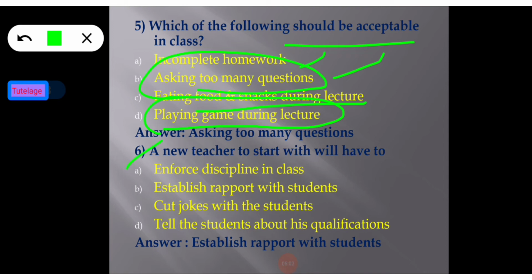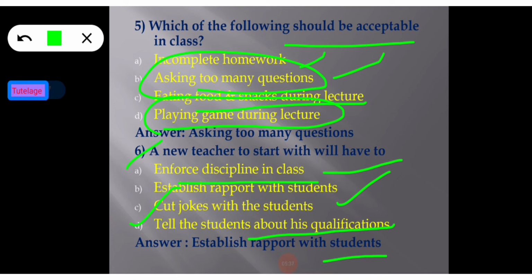A new teacher to start with will have to enforce discipline in class, establish rapport with students, crack jokes with the students, and tell the students about his qualification. Obviously, a new teacher to start with will have to establish rapport with the students, not enforce discipline, not crack jokes with the students, and not tell students about his or her qualification.